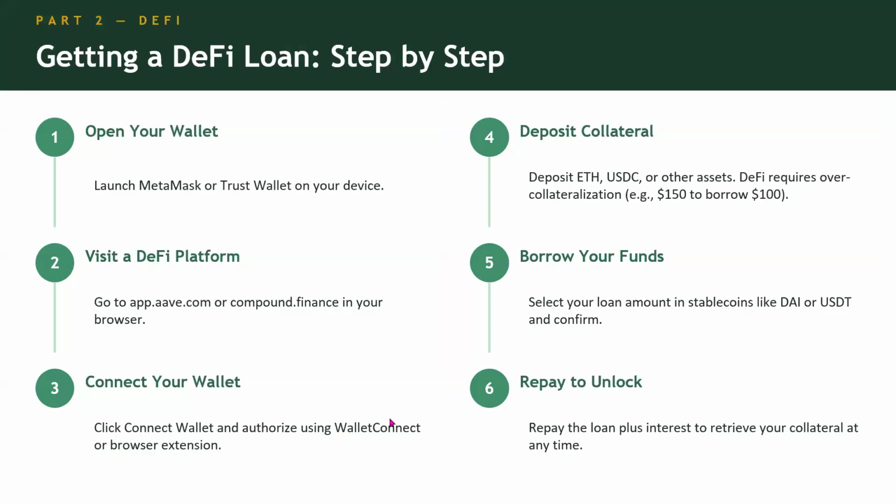Okay, getting a DeFi loan step by step. First, you open up your wallet. For example, you launch either MetaMask or Trust Wallet on your device. Second, you visit the DeFi platform.